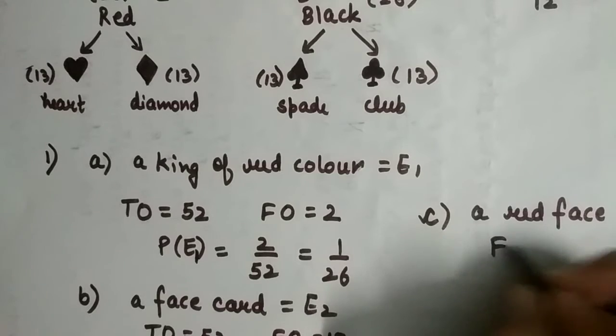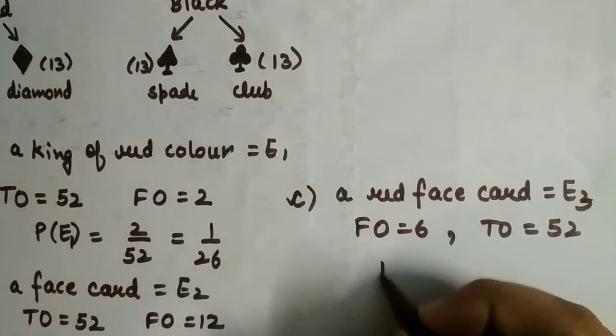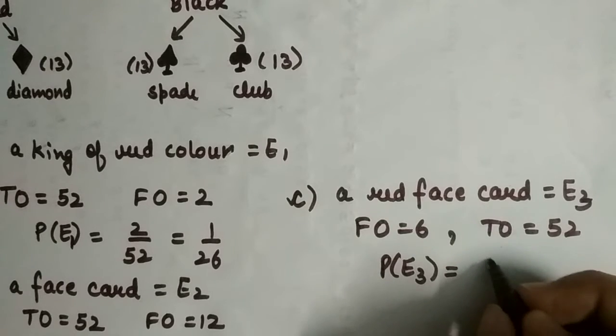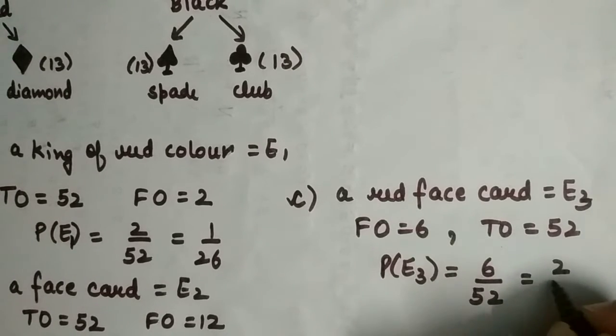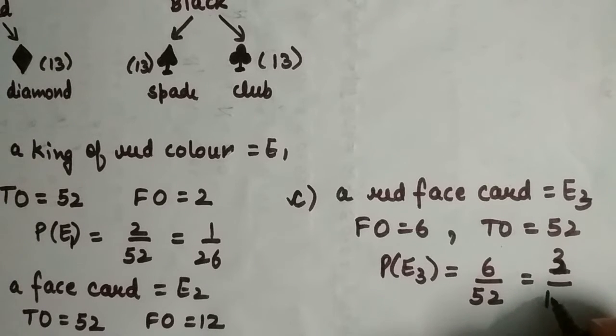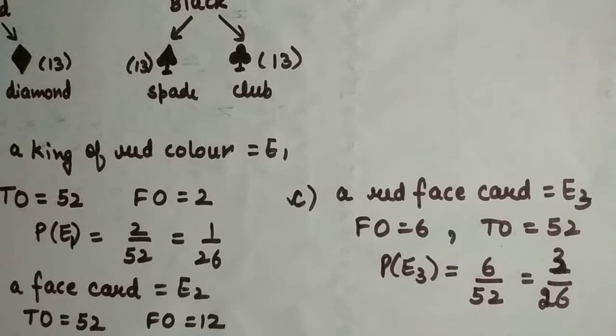So favorable outcome is 6, total outcome is 52, and the probability of the event of getting a red face card is 6 upon 52. This is the answer.